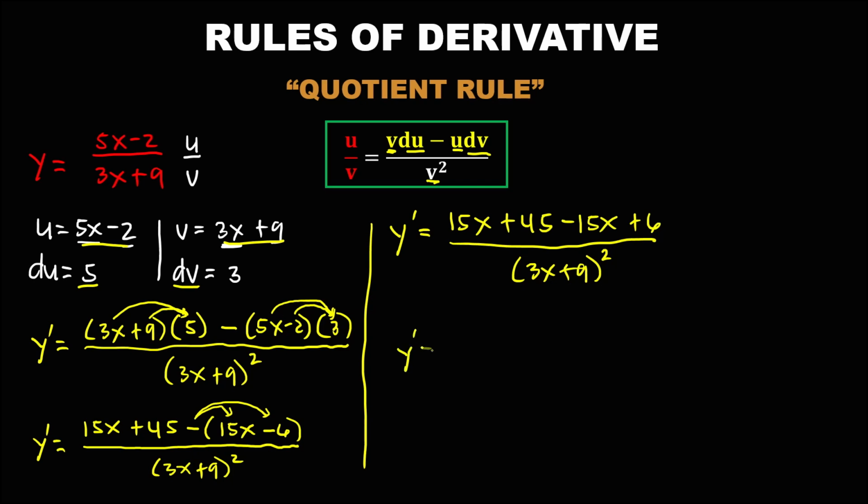Then combine like terms in the numerator. For this positive 15x and negative 15x, this is 0. Positive 45, positive 6, so this is positive 51, then over the quantity of 3x plus 9 to the power 2.